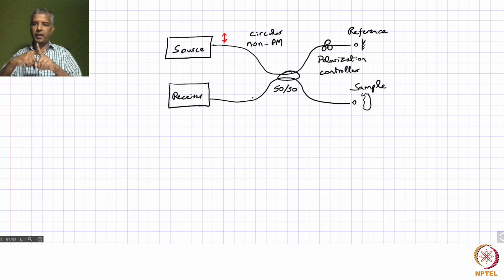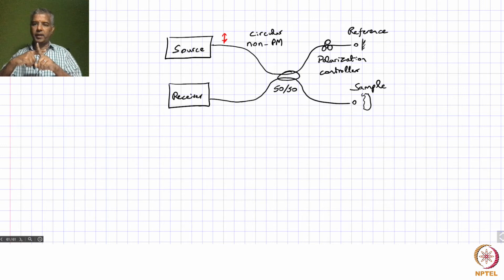But as you can see, it's actually fairly tedious to incorporate. So, you would rather replace that with what is called a polarization maintaining fiber. Okay, so you don't want this sort of arrangement.